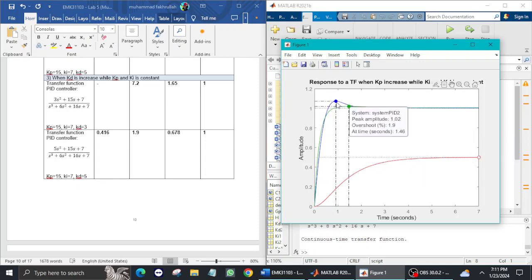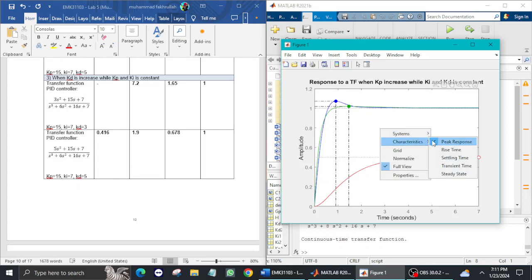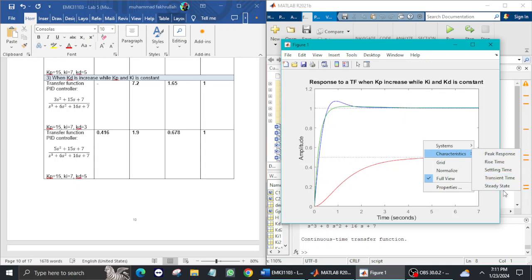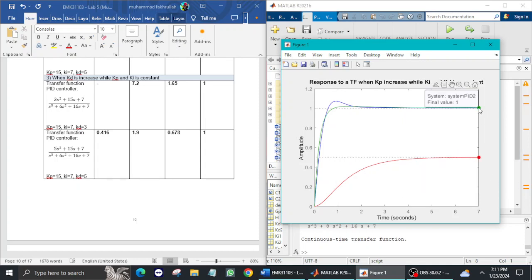For the peak response, PID2, I get 1.9, and PID1 I get 1.02. And lastly, for the steady state, PID1 I get 1, and PID2 I get 1.